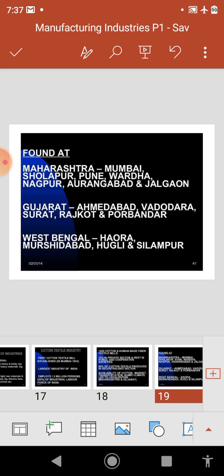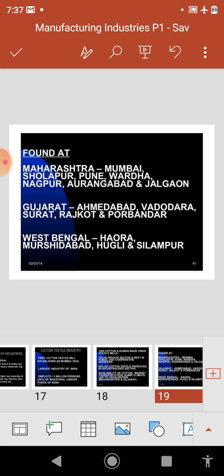The cotton textile industry is developed in most parts of the country, but most of the mills are concentrated in the states of Maharashtra, Gujarat, and Tamil Nadu. The two important states are Maharashtra and Gujarat.